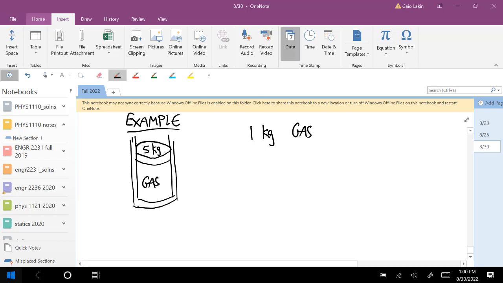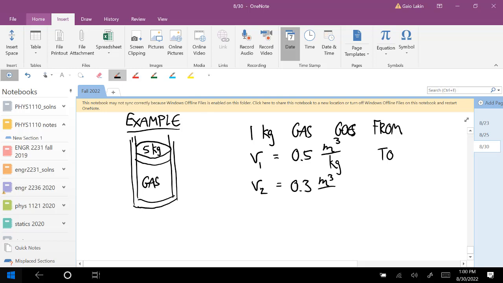And it goes from a specific volume of 0.5 cubic meters per kilogram to a specific volume of 0.3 cubic meters per kilogram.